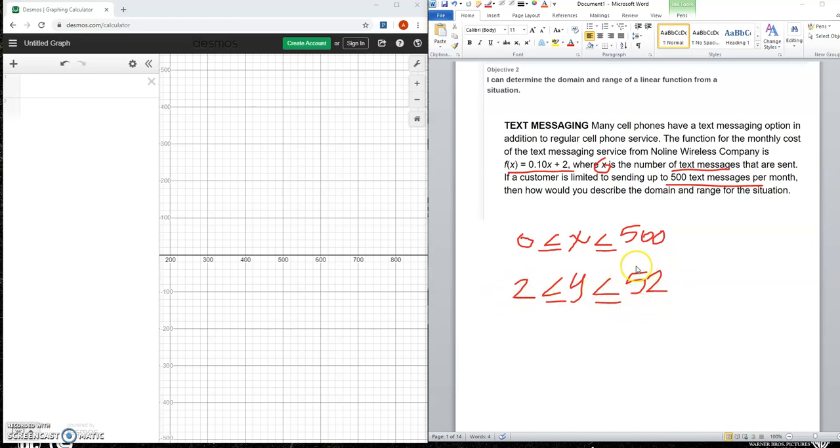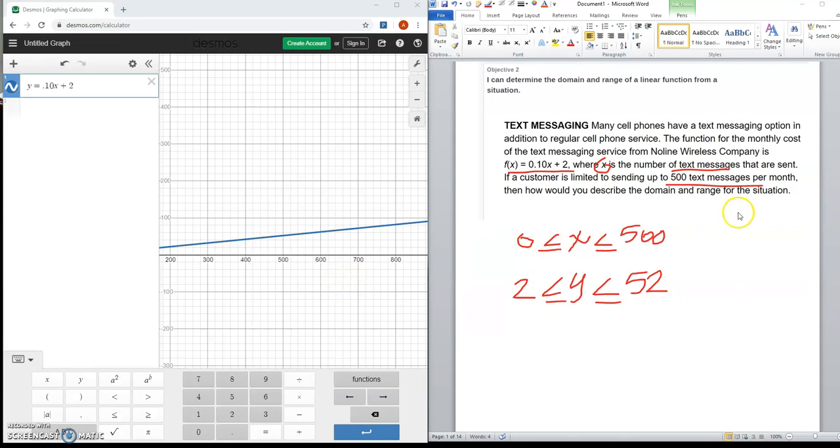And the $52 is if you plug in 500 for X. 500 times 10 cents is $50, plus the 2 service fee is going to give you 52. So that's the maximum amount. Again, your range is the amount and your domain is the text messages.